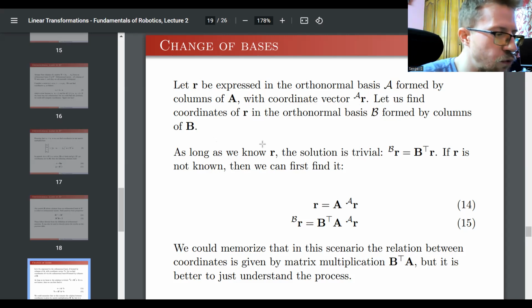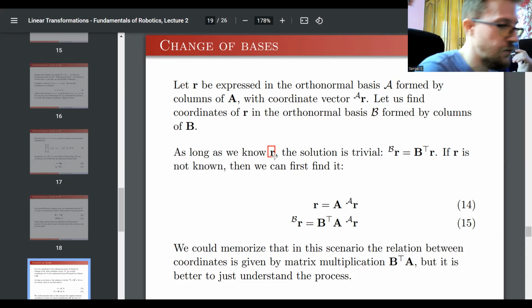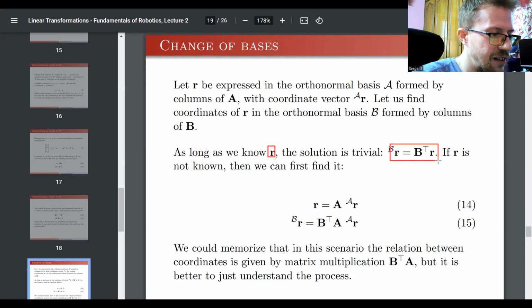As long as we know what R is, if we have knowledge of what R is somehow, then the solution is trivial. The solution absolutely requires no thought whatsoever. If we know what R is, to find its coordinates in terms of basis B just means, by definition, to multiply it by B transposed.